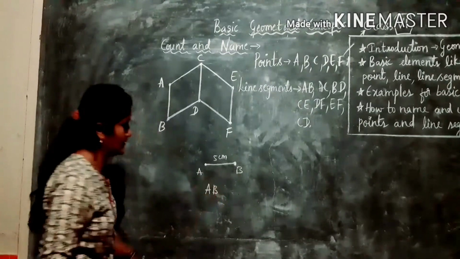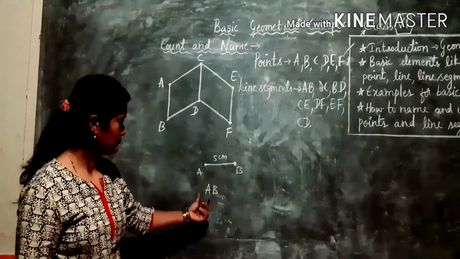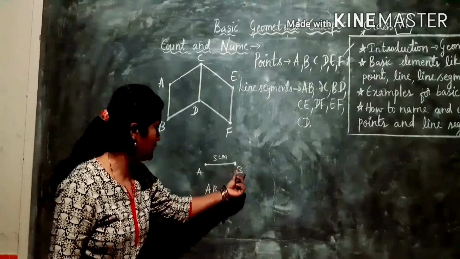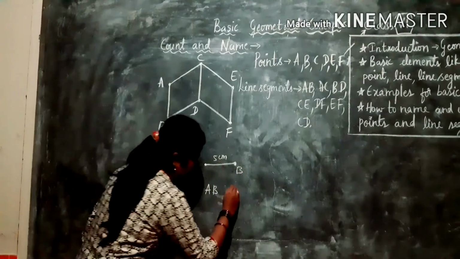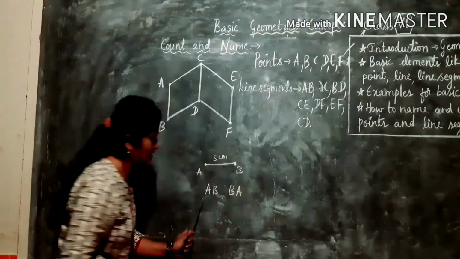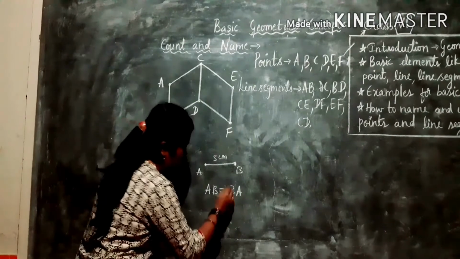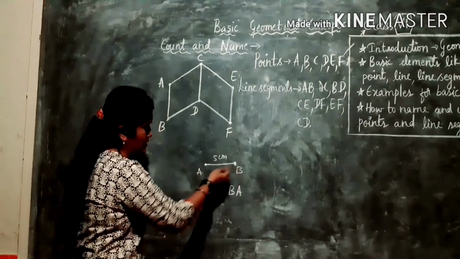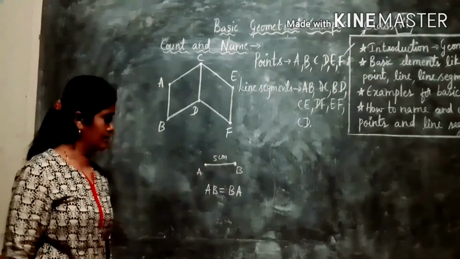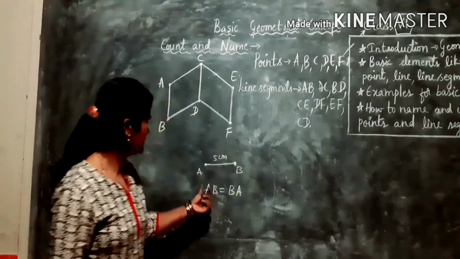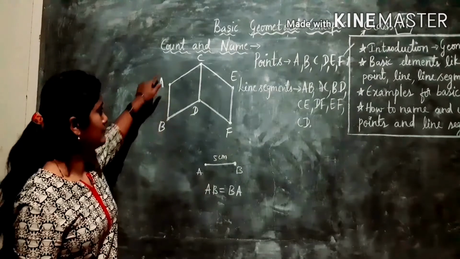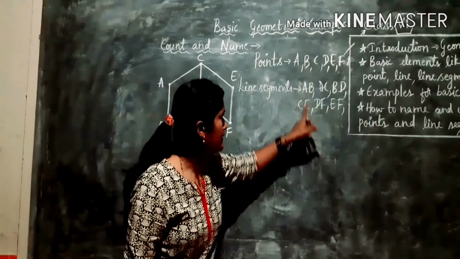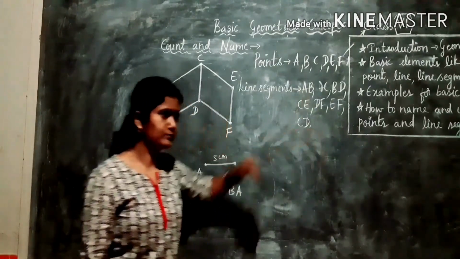Line segment is read as AB. Now if I write BA, AB is equal to BA because from this side, from B to A, if you measure, still it is 5 centimeter. So AB can be considered as BA. So no need to write BA one more time.